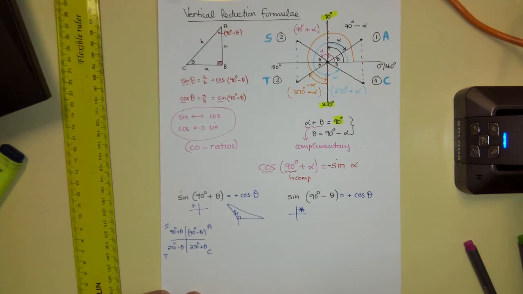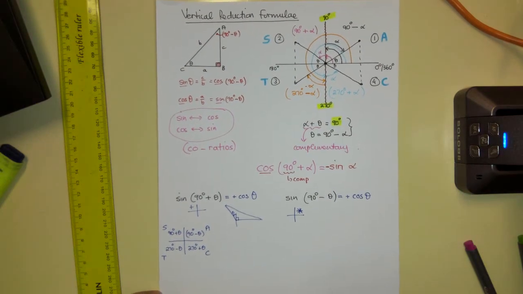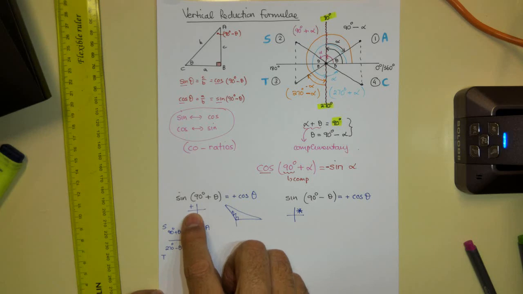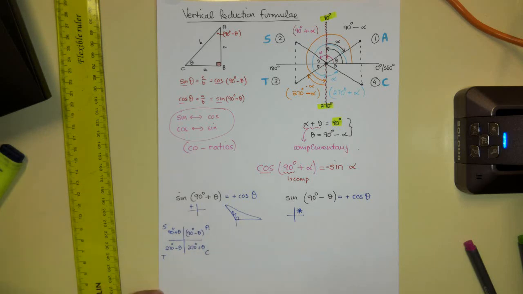Okay, folks, I hope that made perfect sense for you. Please note that the easiest way to look at this for yourself is to work out which quadrant you are in, drawing these small diagrams showing what the sign is, and then remembering that you are working with your complementary ratio.